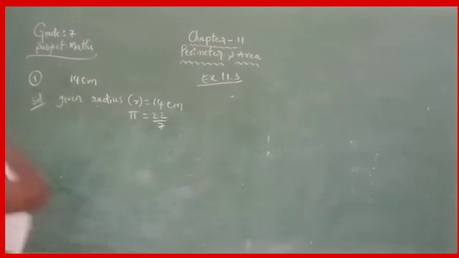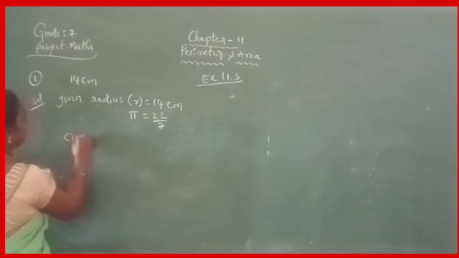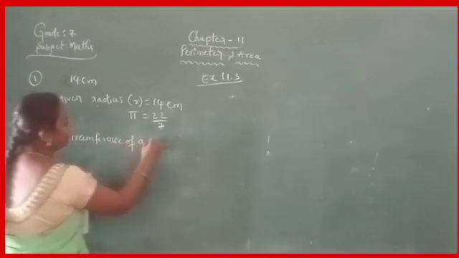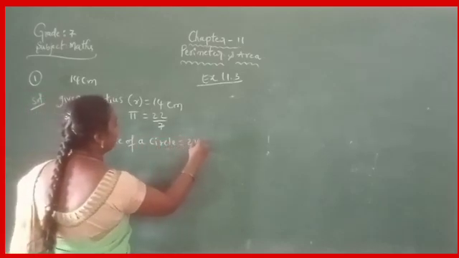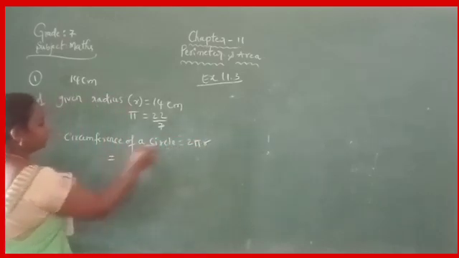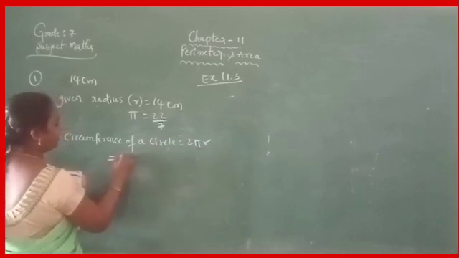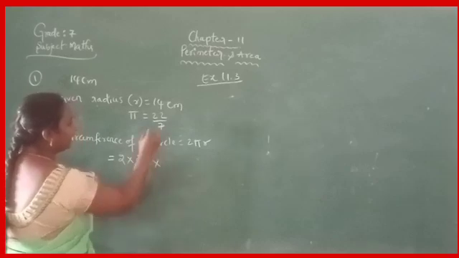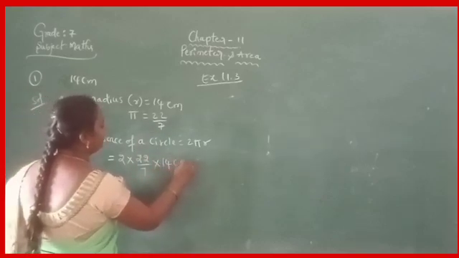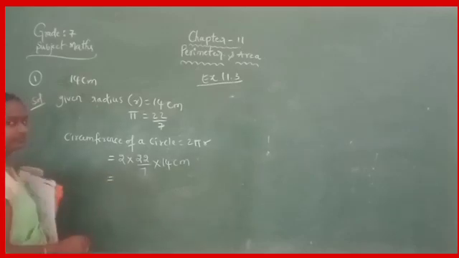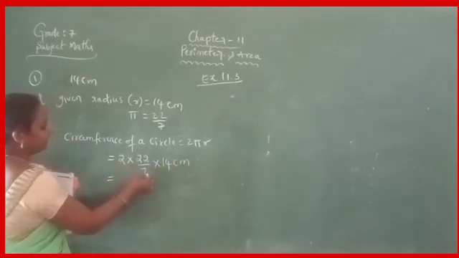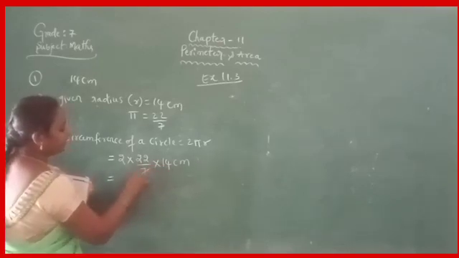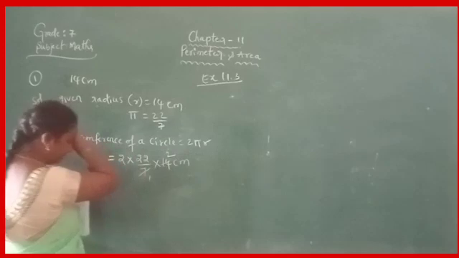We know the circumference formula, and we put the pi value in the formula. 2 into pi value 22/7 into radius value 14 centimeters. Units compulsory. Next, is there any possibility to cancel? Yes. Here the numerator and the denominator, 7 ones, 7 twos.